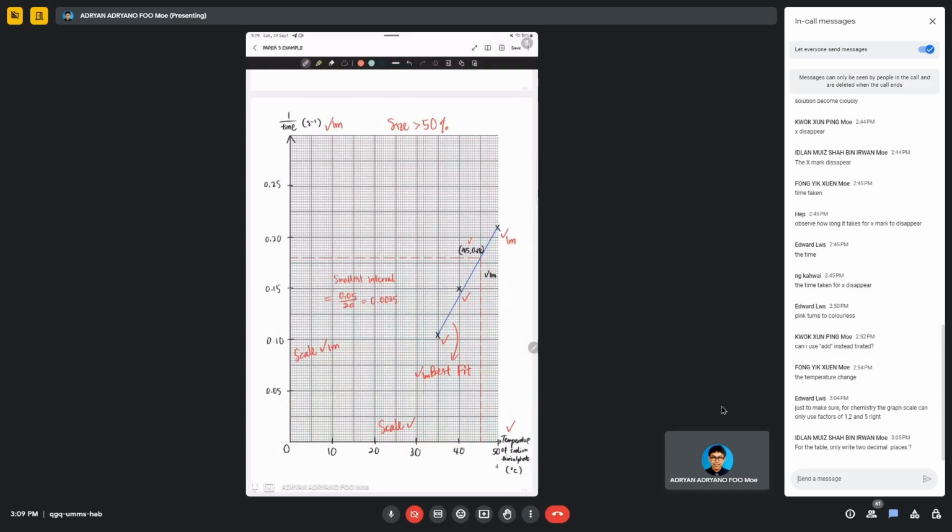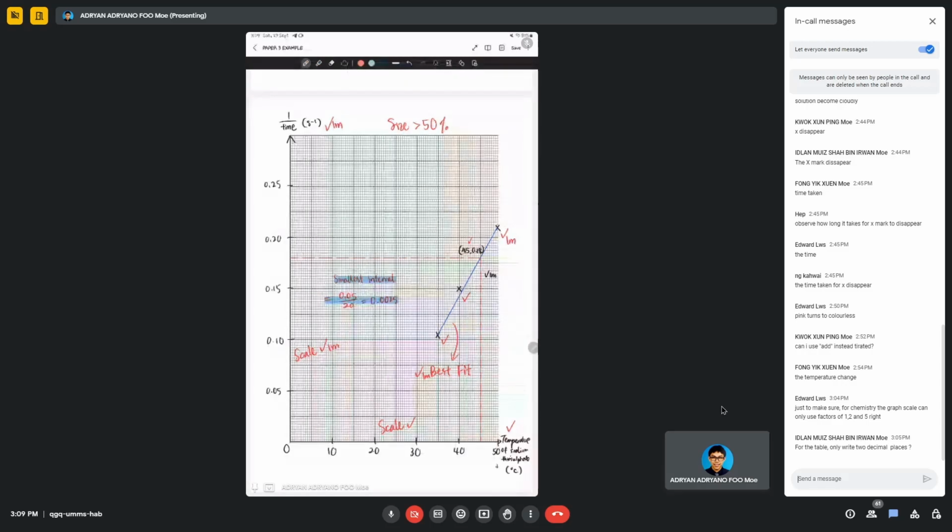Okay, one more thing, graph. Okay, size must be bigger than 50%. Nanti you tengok your data. Kalau data tu dia graph menegak tau. Nanti you tengok scale tu mesti betul. Tengok Adrian buat tu 10, 20, 30, 40 scale sesuai, kena seragam, uniform.